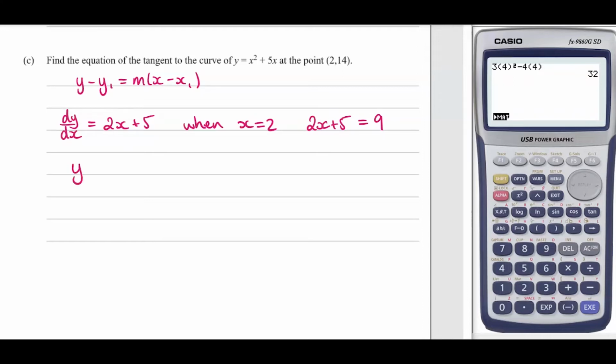Now put it into our equation setup. So y minus y1, our y coordinate is 14, equals m, which was 9, times x minus the x coordinate, which is 2. So y minus 14 is 9x minus 18, or y is 9x minus 4.